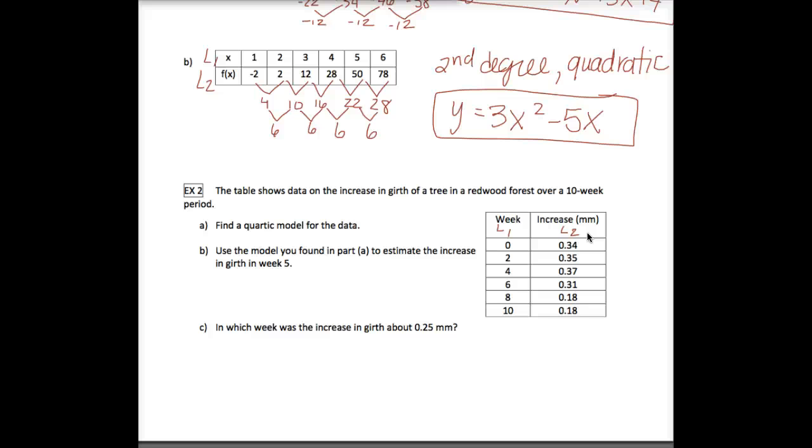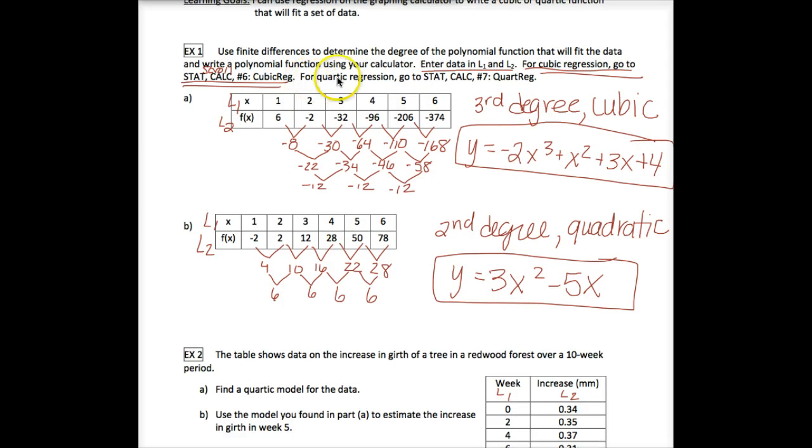And all those tiny little decimals, again, please double check after you enter to make sure that you haven't made a mistake in entering, especially when the numbers are this close together like they are here. So double check your data, double check that it matches up. Now to find the quartic model, that's right here.